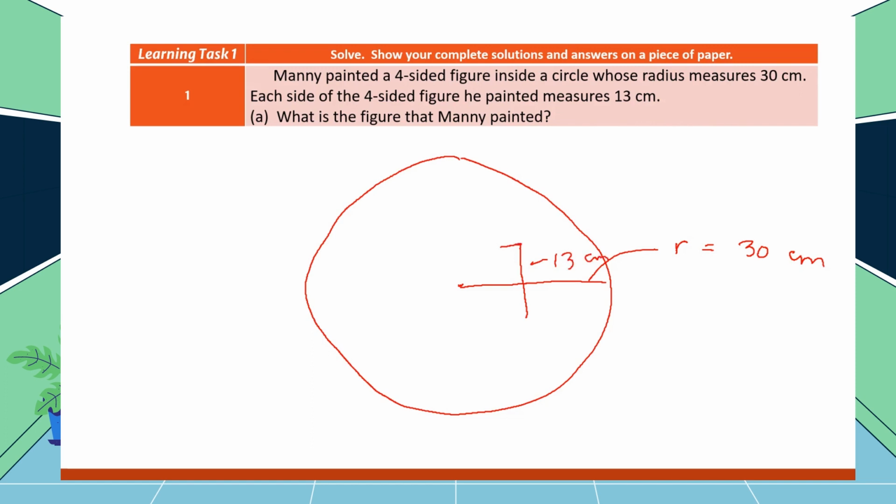And then, the other side, syempre pa, 13 din centimeters. And then, ito, 13 pa rin. Okay. And then, ito, yan. Ito, 13 centimeters. Ito ay another 13 centimeters. So, ito yung shade.